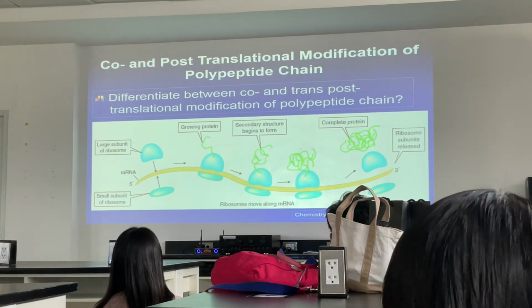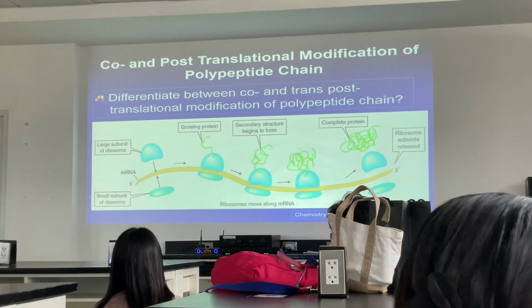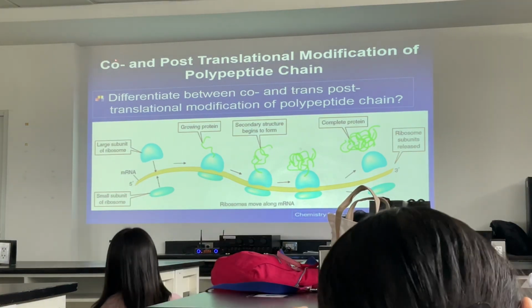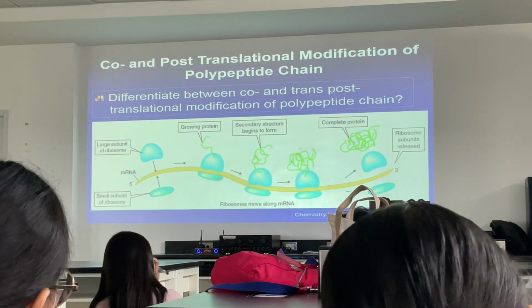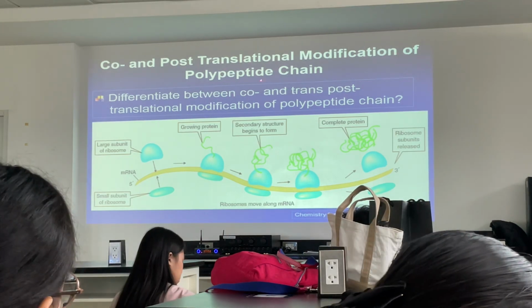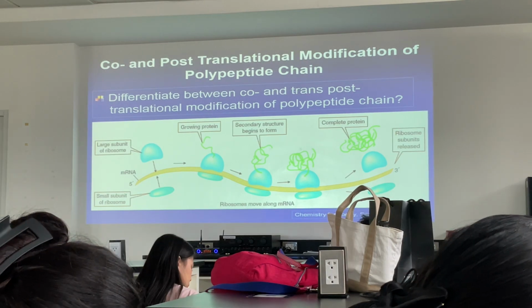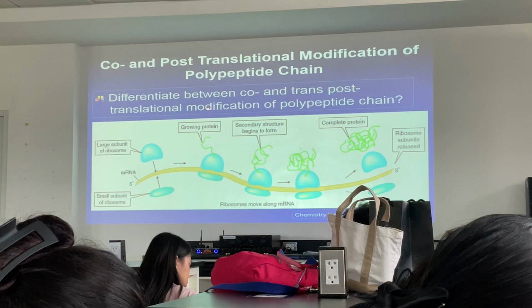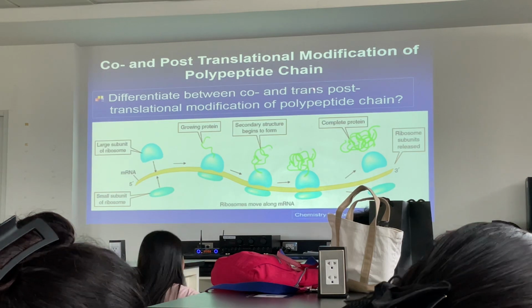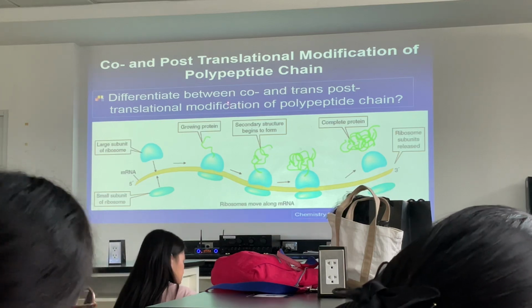So if there is post-transcriptional modification of mRNA, there is also what we call post-translational modification of the polypeptide chain or protein that has been synthesized. So differentiate between co-translational and post-translational modification.